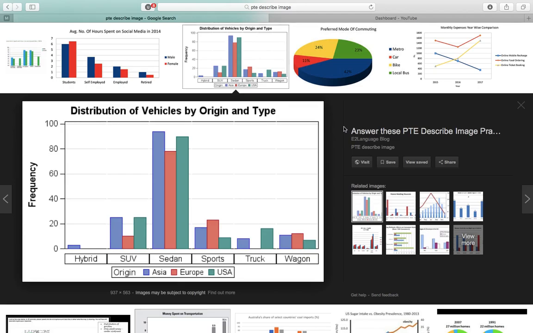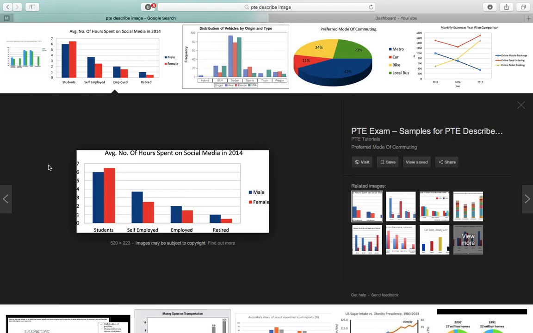Overall, we can see that in case of any continent, most people prefer to drive sedans. Overall, or to conclude, we can say that students are the category that is most addicted to social media.